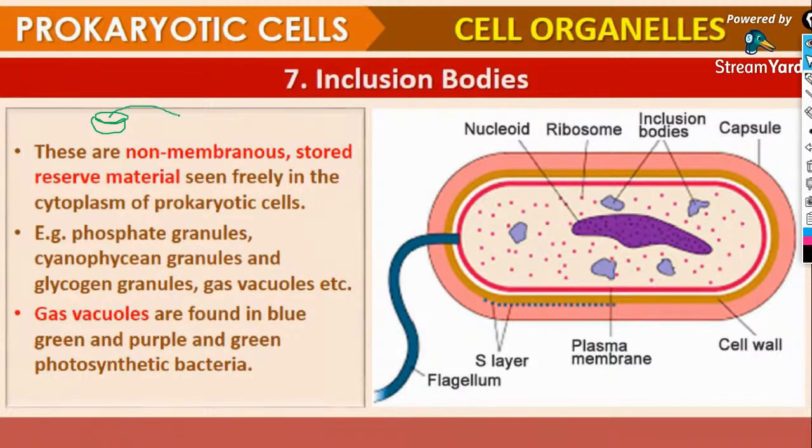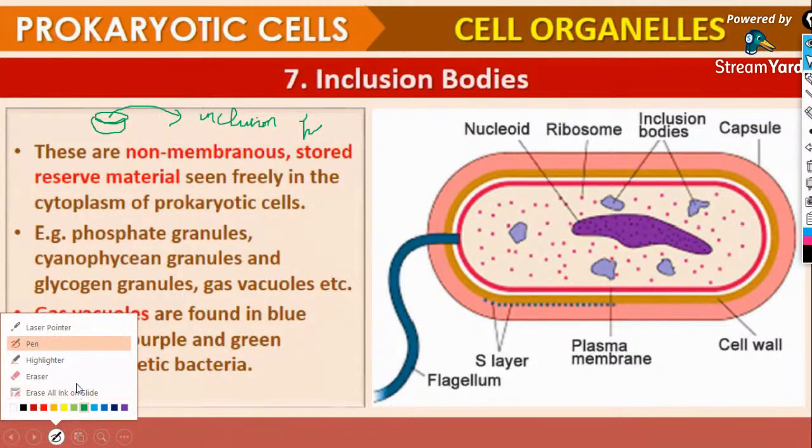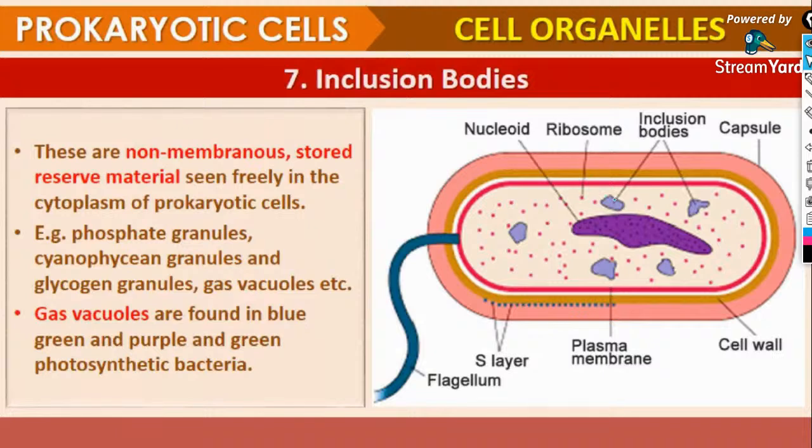This internal structure is known as inclusion bodies. Look here, this violet colored structure is the inclusion body.